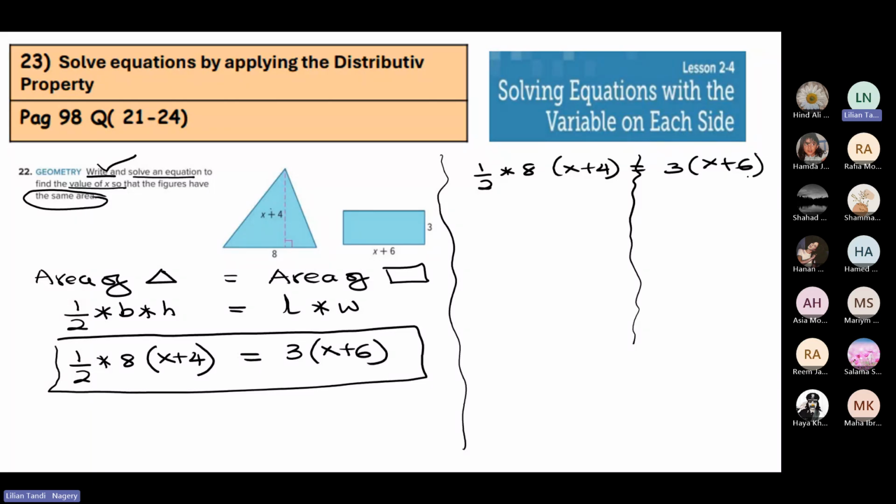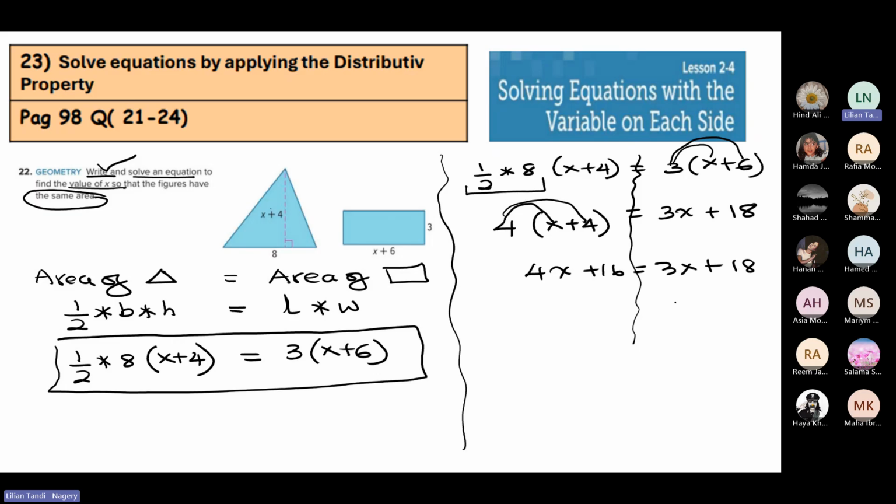I will do this side first because it is shorter. 3 times x, 3 times positive 6 using distributive property: 3x plus 18. Then I will do this side, 4 multiplied by x plus 4, using distributive property, which will give me 4x plus 16 equals 3x plus 18.